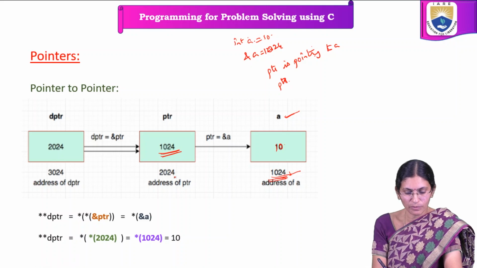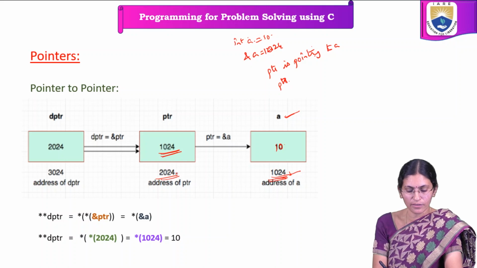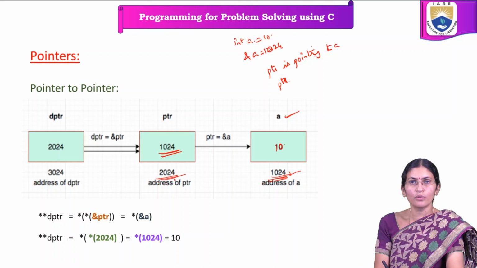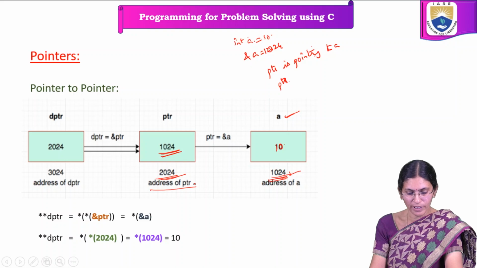Along with that, memory is also allocated in the memory for this PTR variable. That address is given by 2024. So this is the address of PTR.